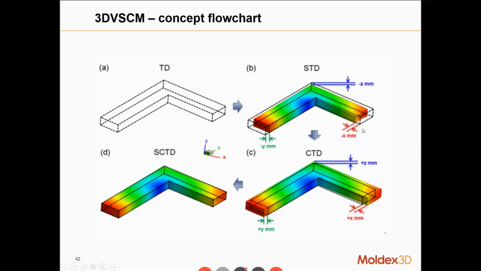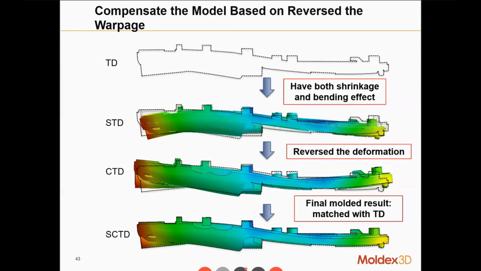And by utilizing the compensation method, it can compensate the distance to the part. So we can use this deformed model to rerun the simulations. So the final simulation compensating target design will match the target design. So this is the 3D volumetric shrinkage compensation method.